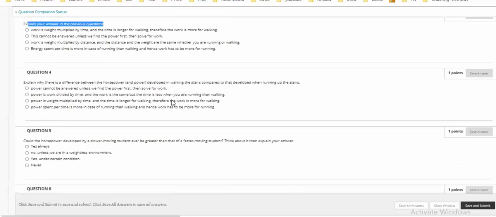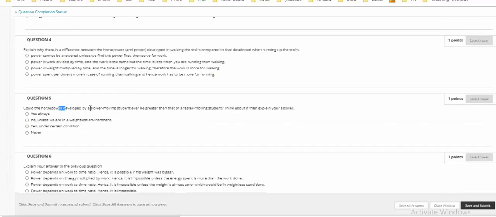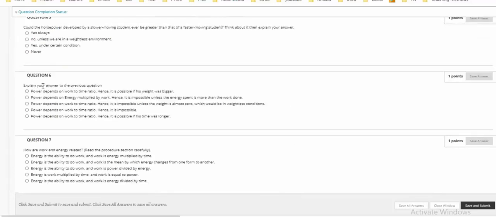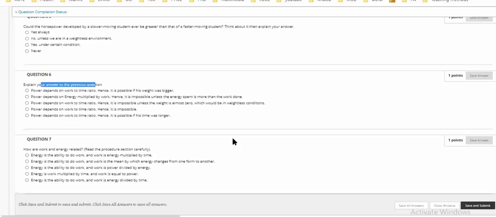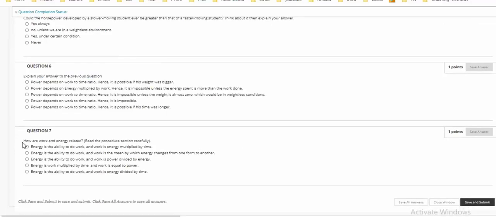Then question number 4, explain why there is a difference between the horsepower in walking compared to running. Question number 5, could the horsepower developed by a slower student be bigger than a faster student? You need to explain why in the next question. And then question number 7, how are work and energy related?